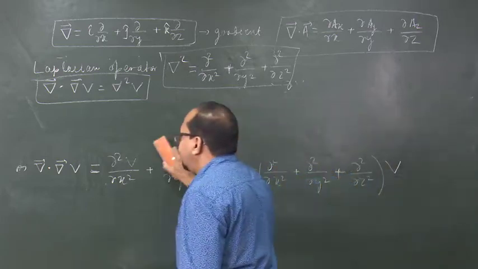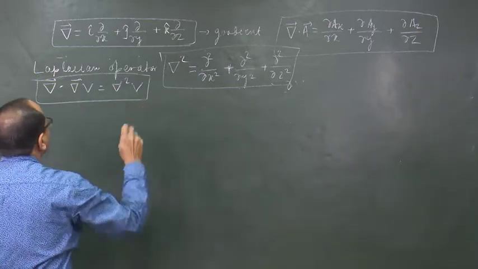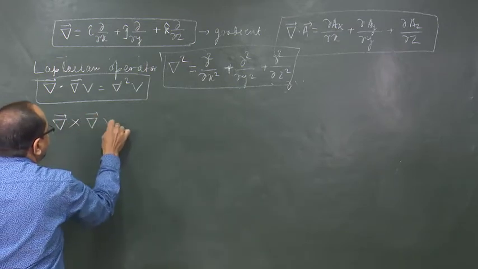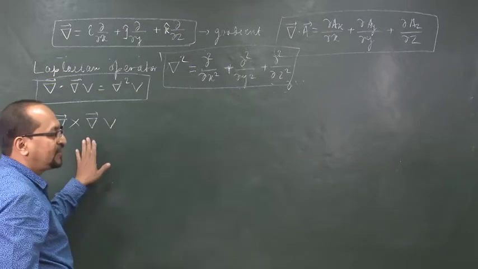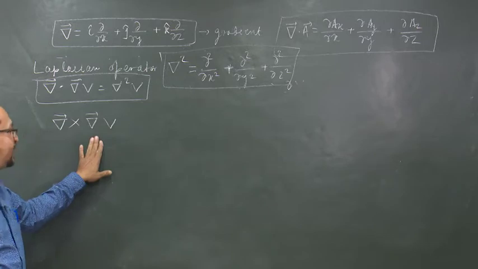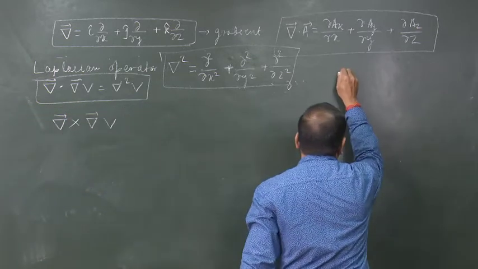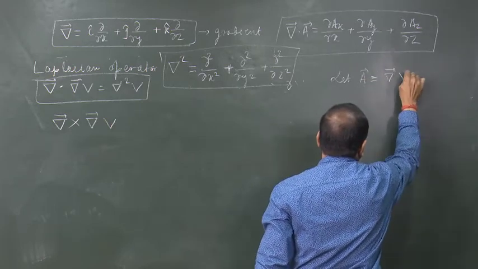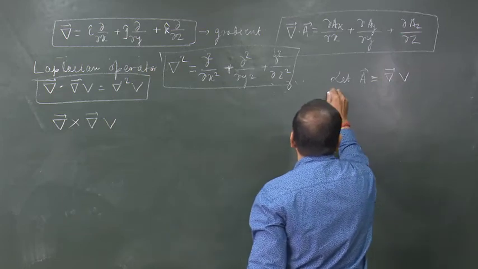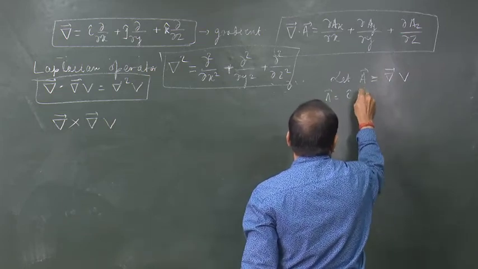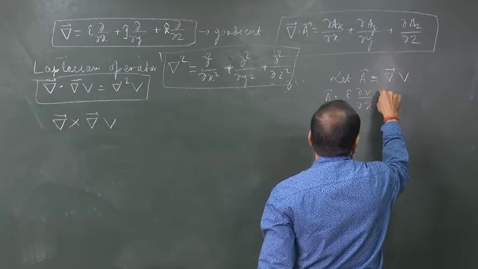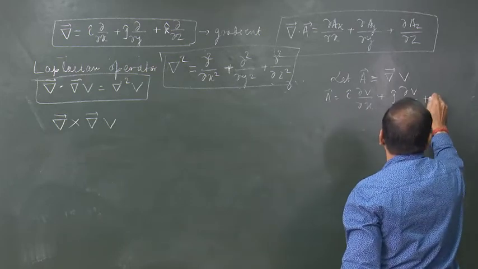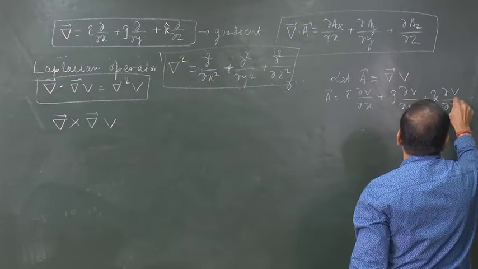Now, the second double operation, that is curl of grad V. As before, grad V is a vector quantity. Let us take this grad V as vector A. Let vector A be equal to grad V. So, vector A is equal to i cap del V by del x plus j cap del V by del y plus k cap del V by del z.